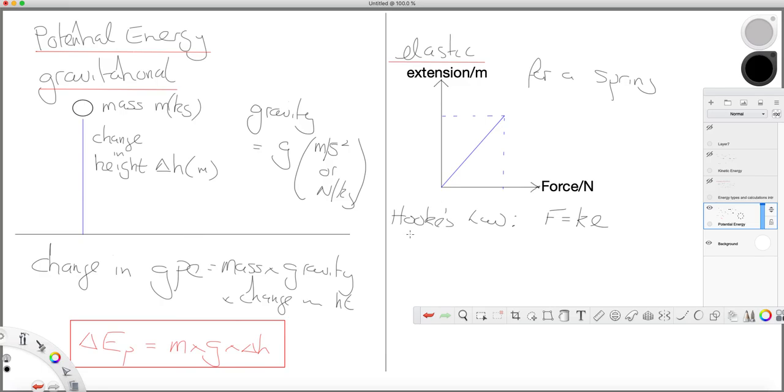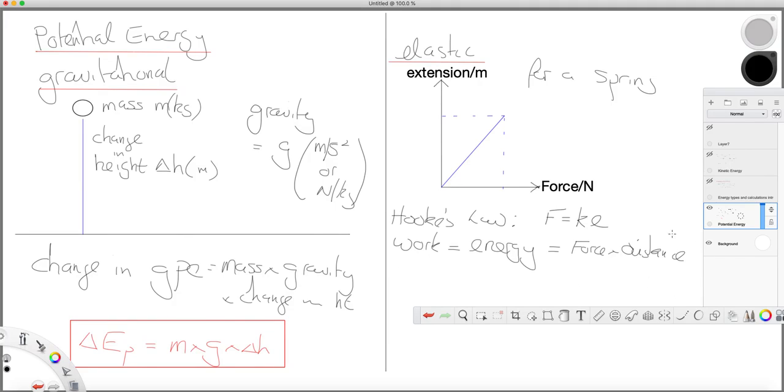Now, you'll also remember that work and energy are the same thing. You'll remember that energy is the ability to do work, and when work is done, energy is converted, and the amount of work done is the amount of energy converted. You'll also remember that work is force times distance moved along the line of action of the force.